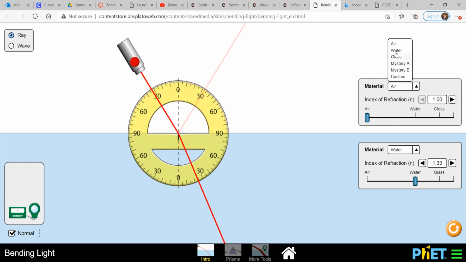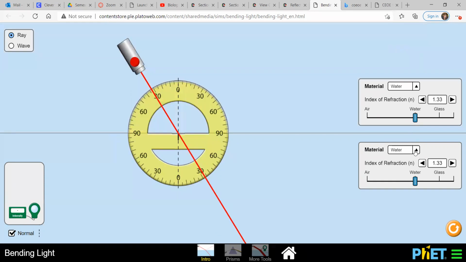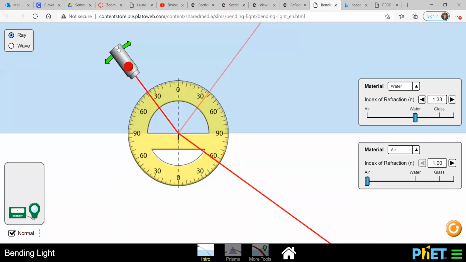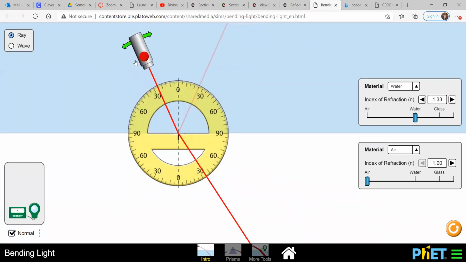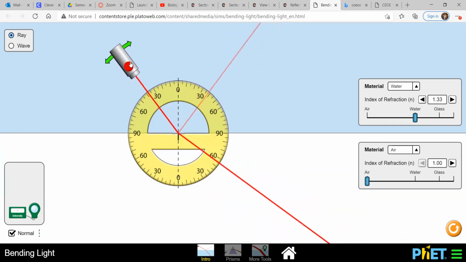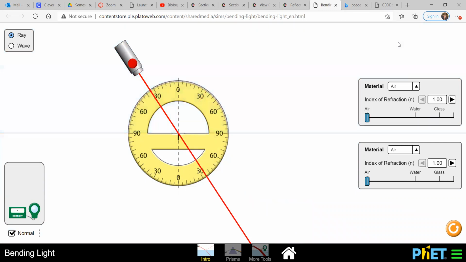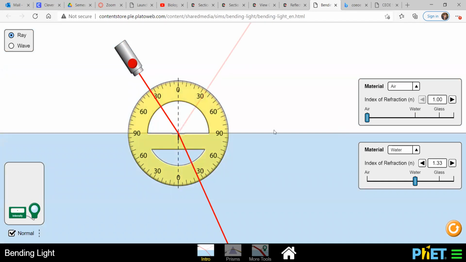Okay, water to air. Do you see how the angles are behaving differently? Whereas going from air to water, this line that gets transmitted bends towards the normal here.